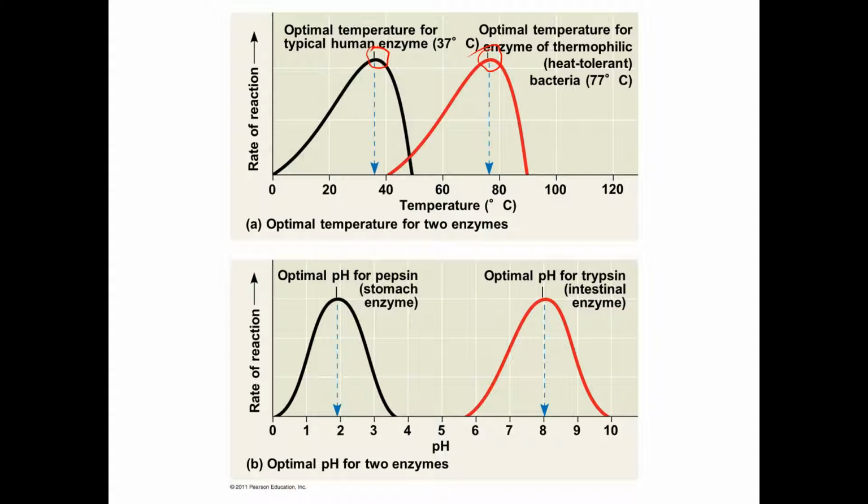So there's a shift in the efficiency of an organism that lives in a warmer environment. Their enzymes work much more efficiently at that warmer temperature, in comparison to our enzymes, which work most efficiently at 37.